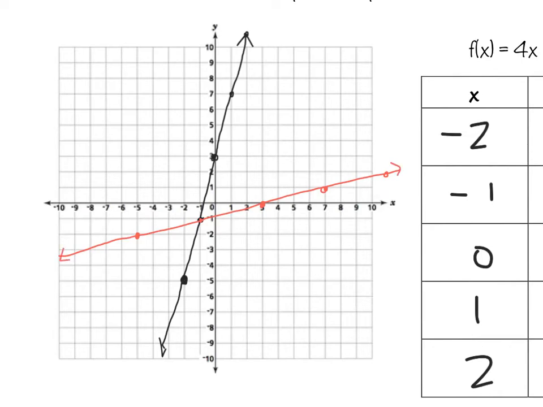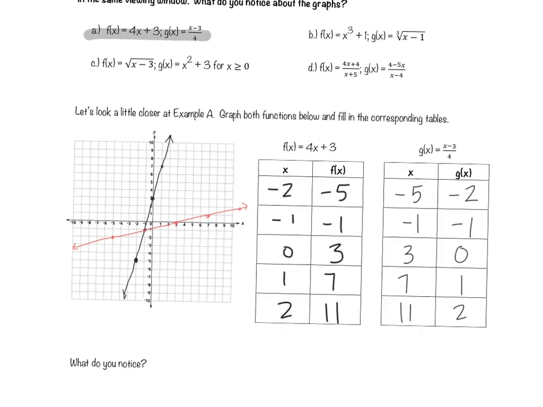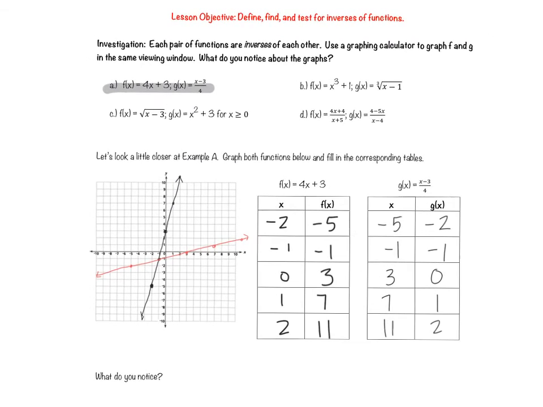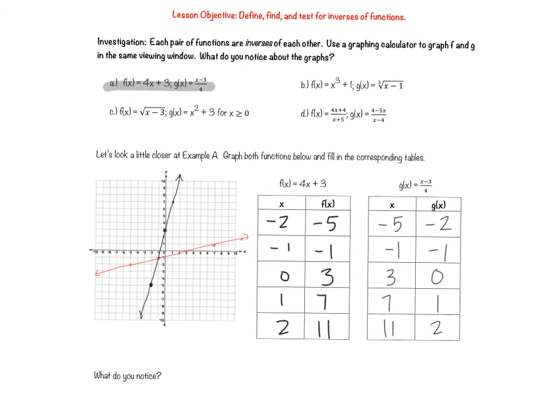And so we're going to look at these graphs and infer some information about them. Knowing that these functions are inverses, when we graph them, we can see that there is some sort of similarity, some sort of relationship between these.